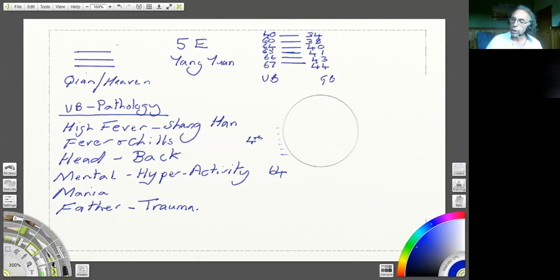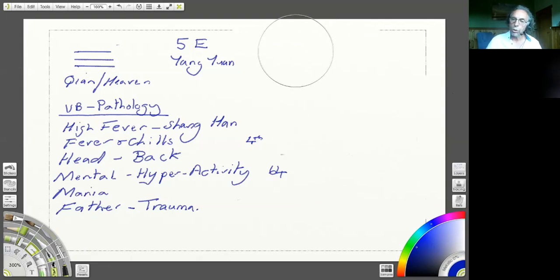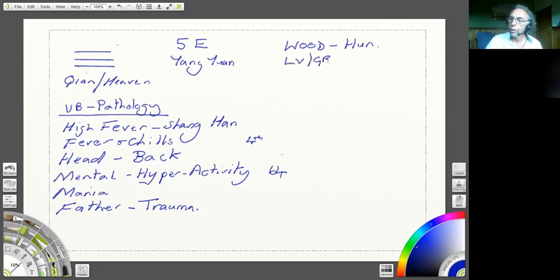And in the type of acupuncture I do, I always look at the mental and emotional aspects. So for wood, we have the spirit of the Hun. We also have liver, gallbladder. Dr. Tan also includes pericardium and Sanjiao, although that could also be fire.